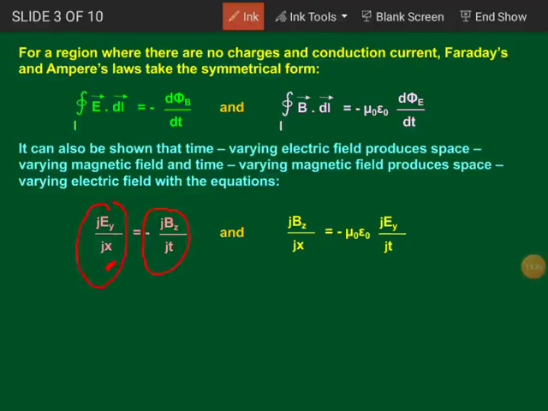Now this time varying magnetic field along the z axis will produce a space varying electric field along the y axis, that is Ey. So this time varying magnetic field will produce a space varying electric field, and on the other hand, a time varying electric field will produce a space varying magnetic field. But when you see these two, the electric and magnetic field are perpendicular to each other. Got it?